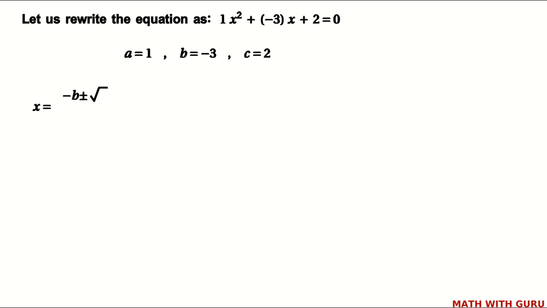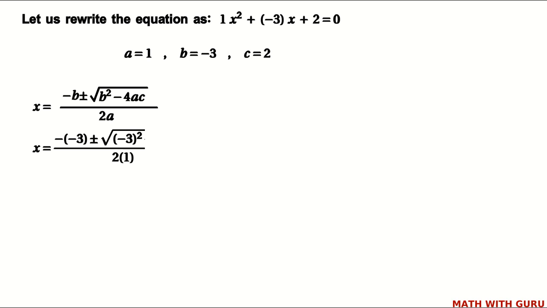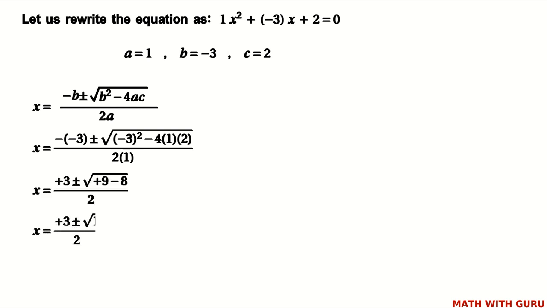Here is the quadratic formula. Let us substitute the values. Minus of minus 3 plus or minus root of minus 3 whole squared minus 4 into 1 into 2, whole divided by 2 into 1. x equals plus 3 plus or minus root of 9 minus 8 divided by 2, that is 3 plus or minus root 1 divided by 2.